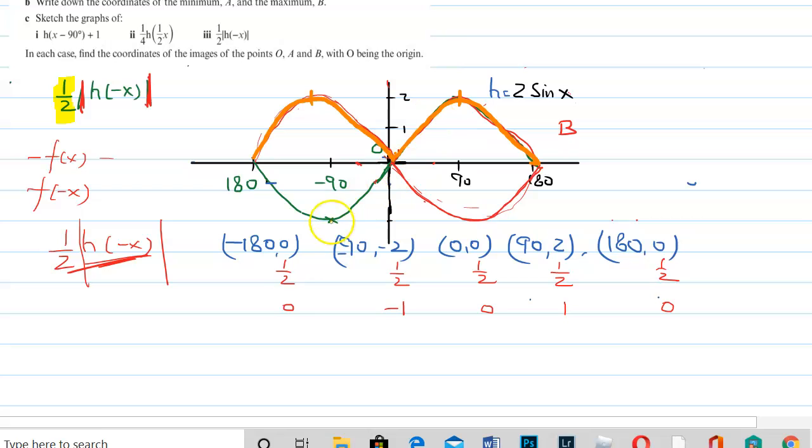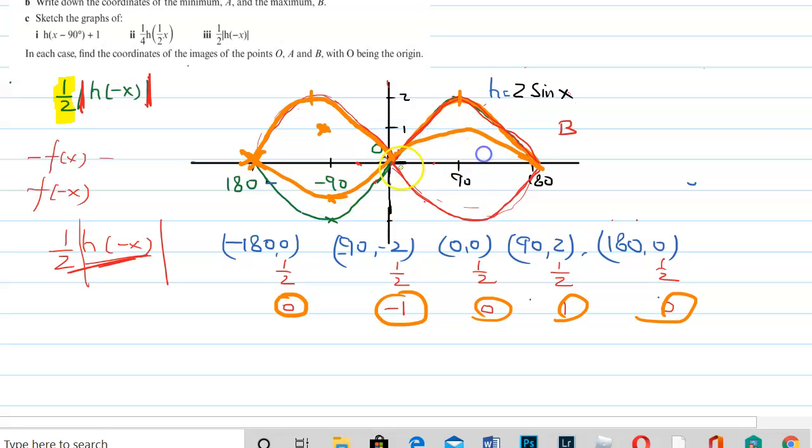But tell me one thing. We have to reduce these coordinates, which we have not done. Minus 180, 0. This is correct. Minus 90 is minus 1. So your graph is like this one.